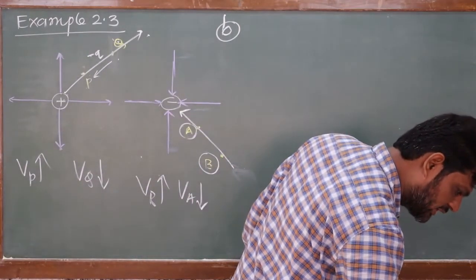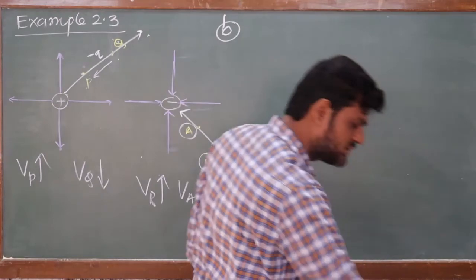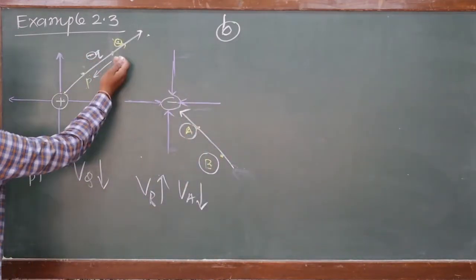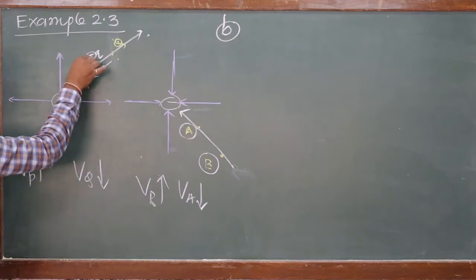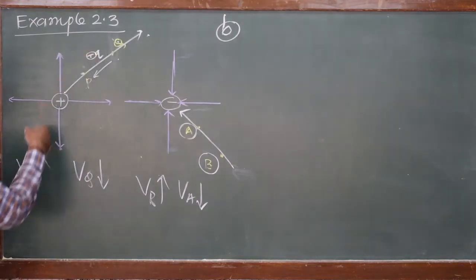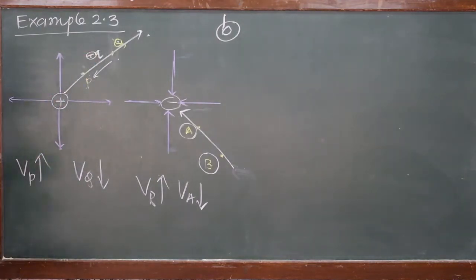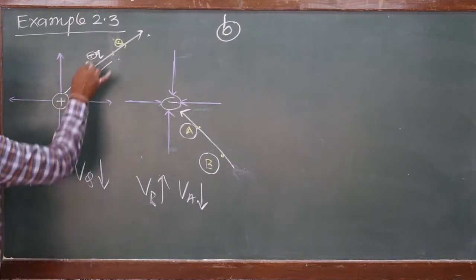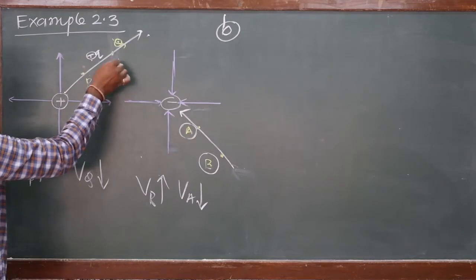What is B question? Potential energy difference for a small negative charge, right? So taking the negative charge from Q to P, here it is positive, so attraction will be there, so potential energy will be less by carrying a negative charge from Q to P.